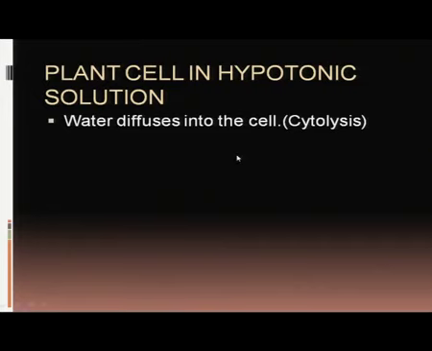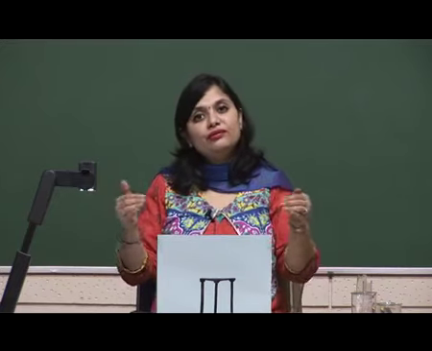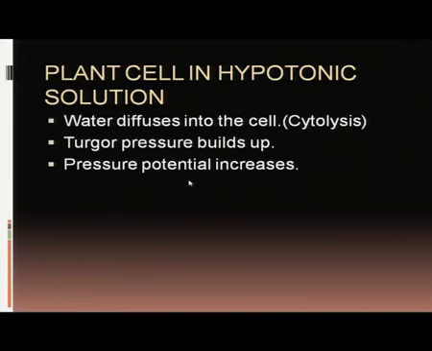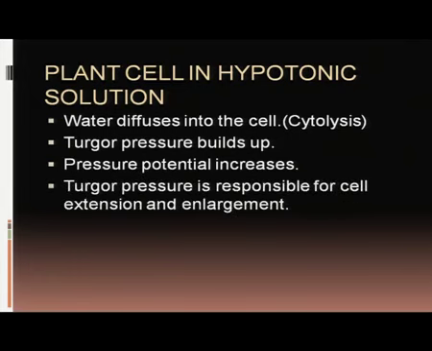In a hypertonic solution, when the solute concentration is more outside, the water will move out, but when the solute concentration is less inside, the water will move in. So, because of movement of water into the cell, the turgor pressure builds up and the pressure potential will obviously increase.